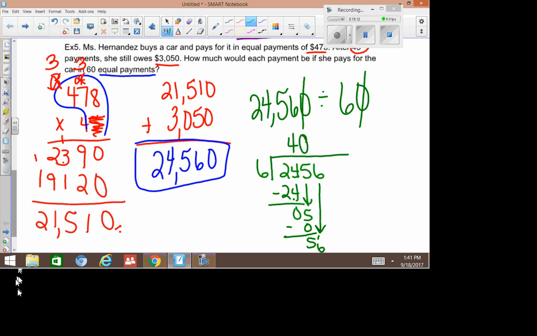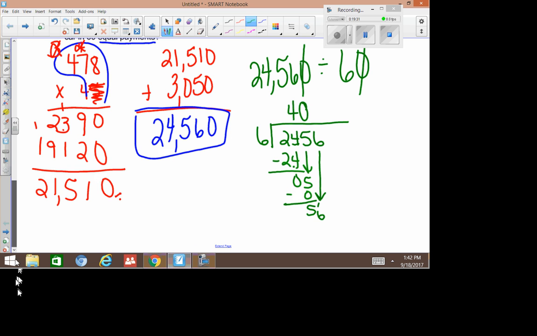I think that's 7. Wait, no. 6, that's 12, 18, 24, 30, 36. It's going to be 9 because it's 54, right? Oh, but they're not ready for decimals, are they? Okay, I can't remember. All my years are starting to run together. Okay, so 9. So that's 54.